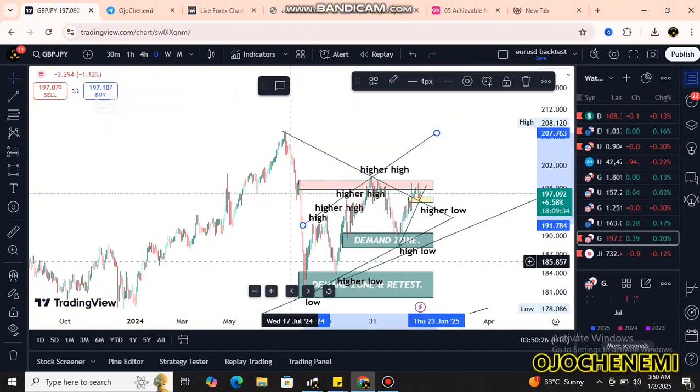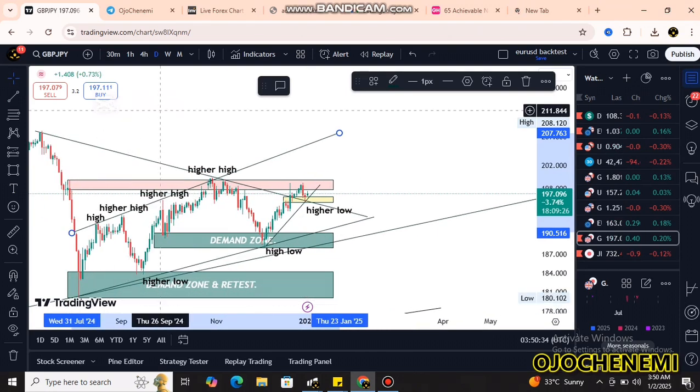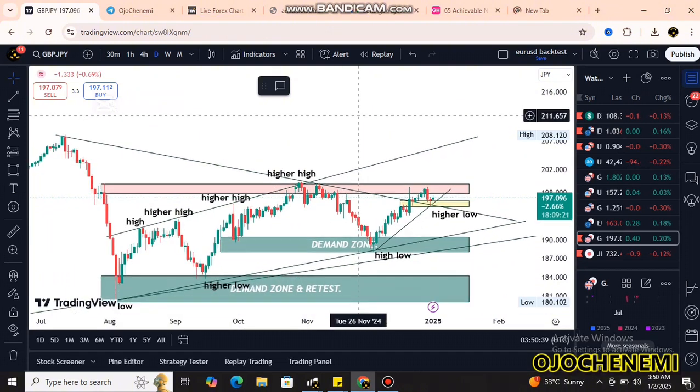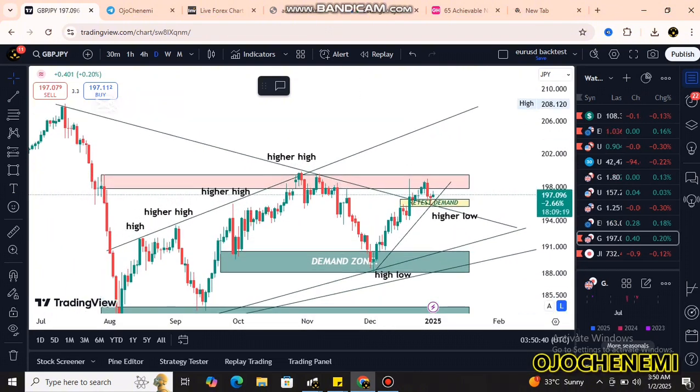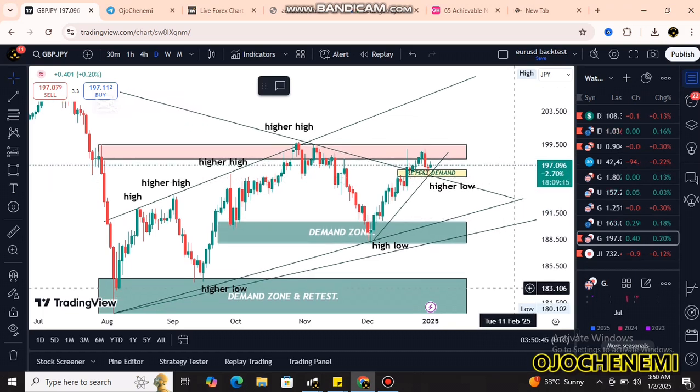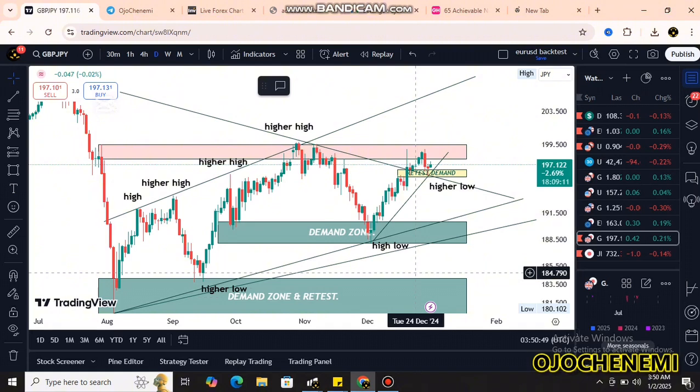So I want to determine the new high. And how can I determine the new high? How I always determine the new high is I draw another resistance zone. You can see immediately. Let me show you. Let me drag this closer and show it to you.